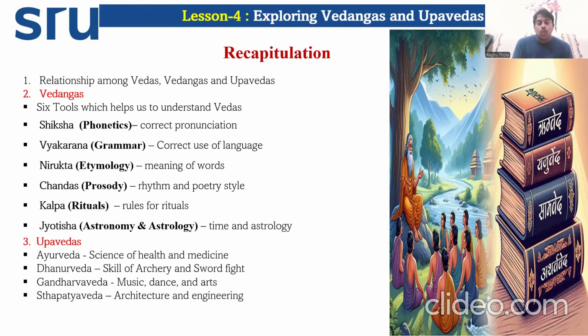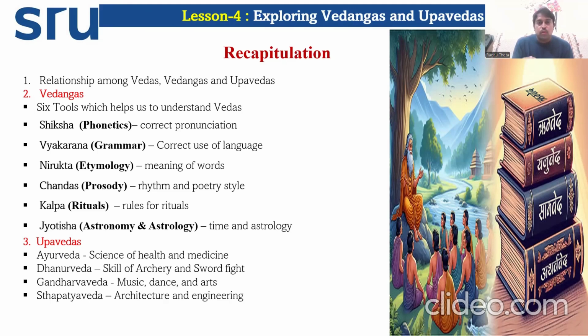And Upavedas, whatever the information you have learned from Vedas, with the help of Vedangas, you need to put it into practice in the real-time situation, those skills are called Upavedas. So that is the relationship among Vedas, Vedangas, and Upavedas.